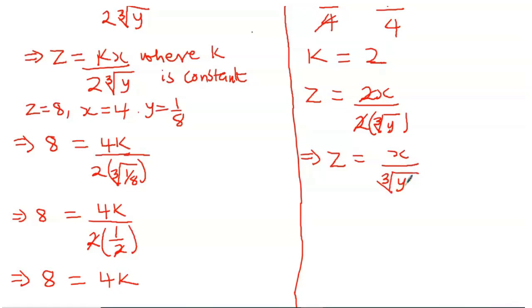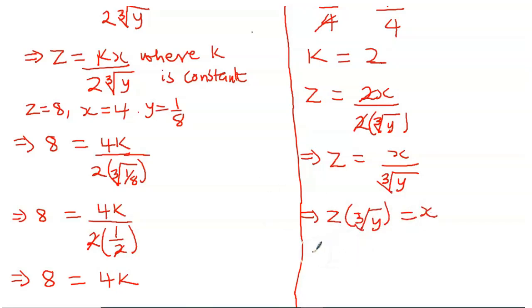Now from the question, we were asked to express y in terms of x. So what it means is that we need to make y the subject. So this implies that z times the cube root of y is equal to x. That is making y the subject.